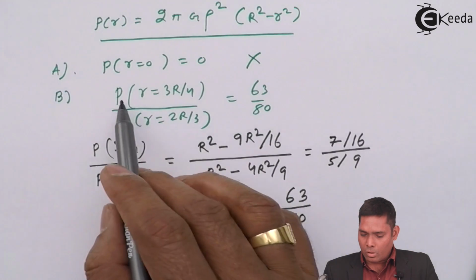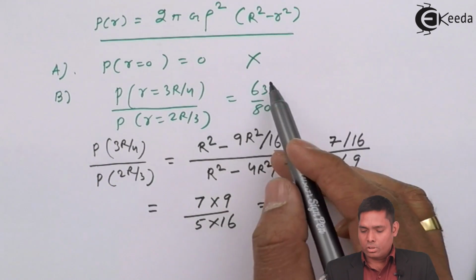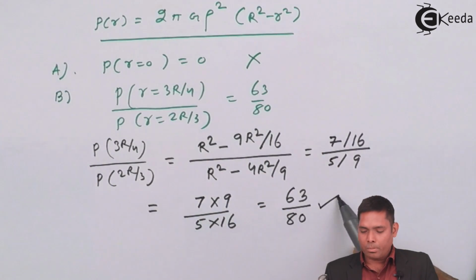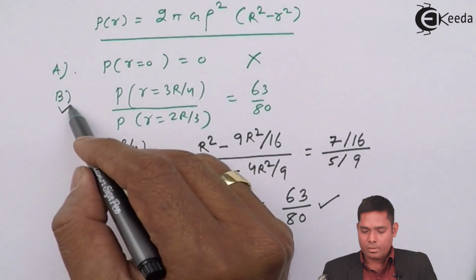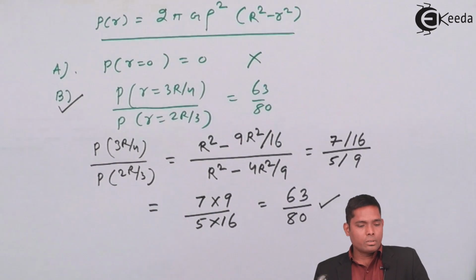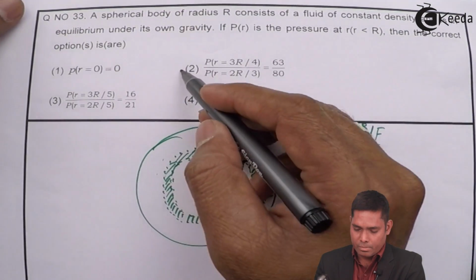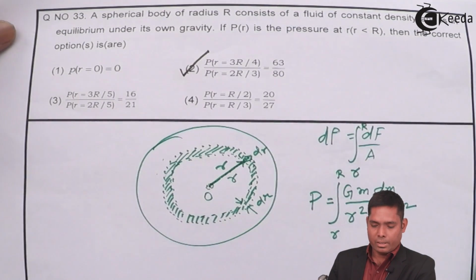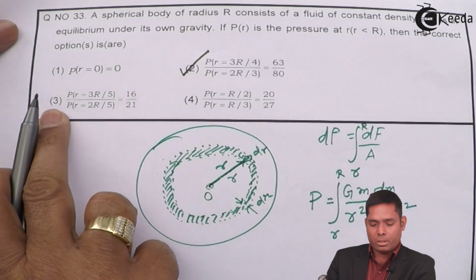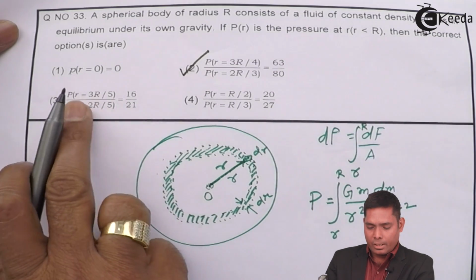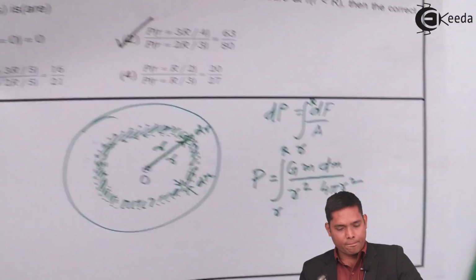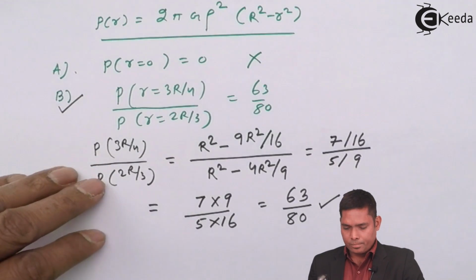That means the option that is given, 63 upon 80, we are also getting 63 upon 80. So B is correct, the option number 2 is correct. Then we have to check for option number 3.